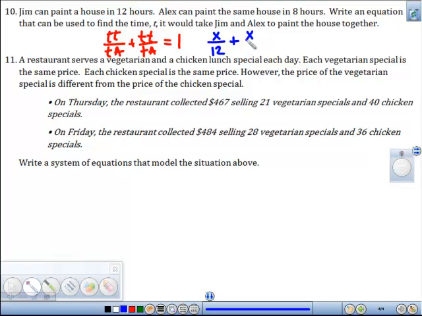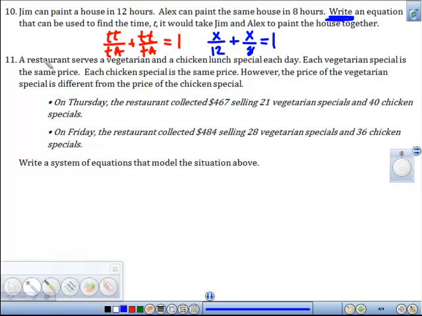So we still don't know the time together, but we know that Alex can do the same house in 8 hours. Now if this combined with this produces one job completed, this is basically how we're going to solve this equation. It doesn't ask us to solve the equation, it says just to write, thank God. So this would be the equation that you would write there.